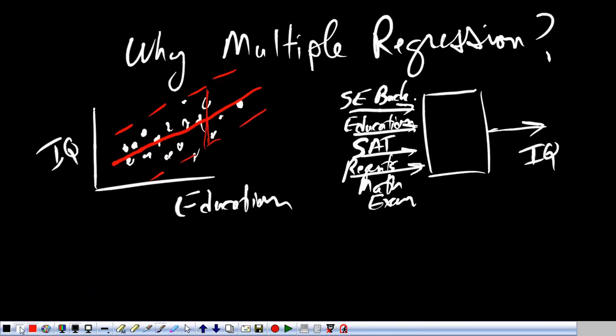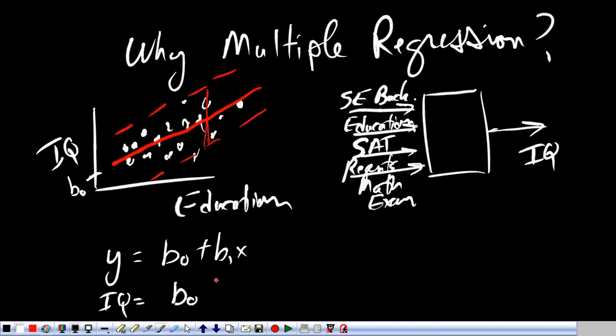Remember, in our model we're modeling y equals b0 plus b1x, or in this case IQ is equal to b0, some constant, where it crosses on this axis, plus EL times b1. I should have written it the other way. Let me erase that and write it in the other order.